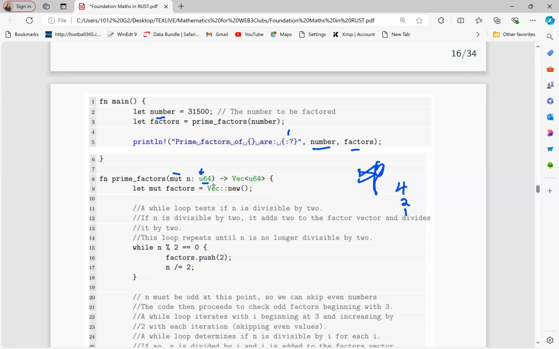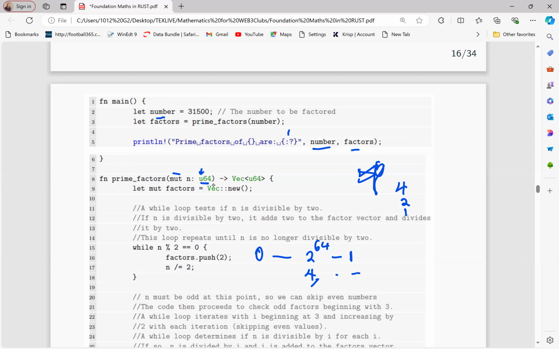U64. What U64 means is that we are dealing with numbers from 0 all the way up to 2 raised to 64, minus 1. This is what we mean by 64 bits. You can do that, just 2 raised to 64, then minus 1.